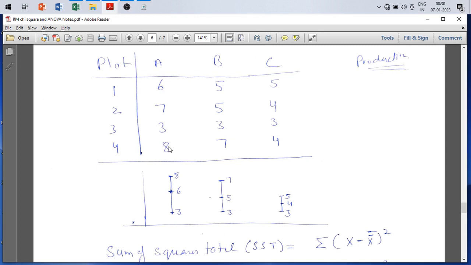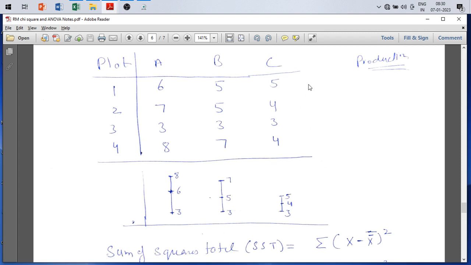Okay. Similarly, now we go to B. For B, the group mean is 5, and the total mean is 5. So 5 minus 5 square for each of these, we'll do that 4 times, add those. And similarly for C, the group mean is 4 and the total mean is 5.